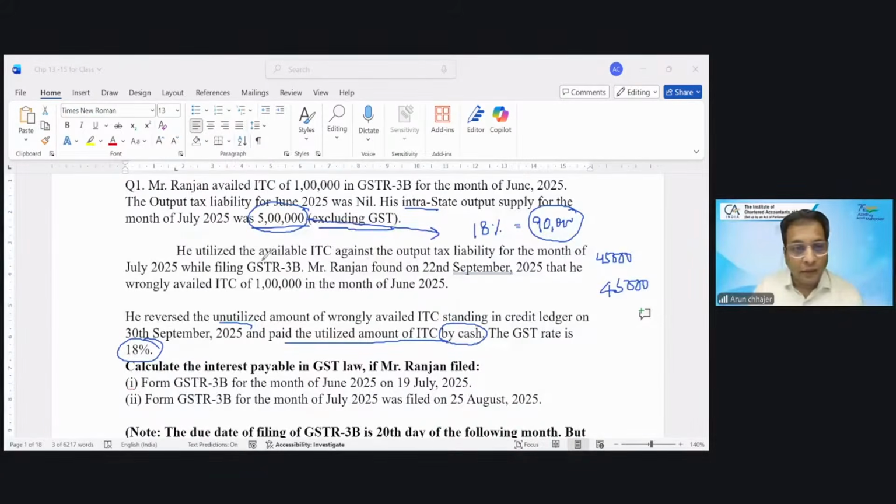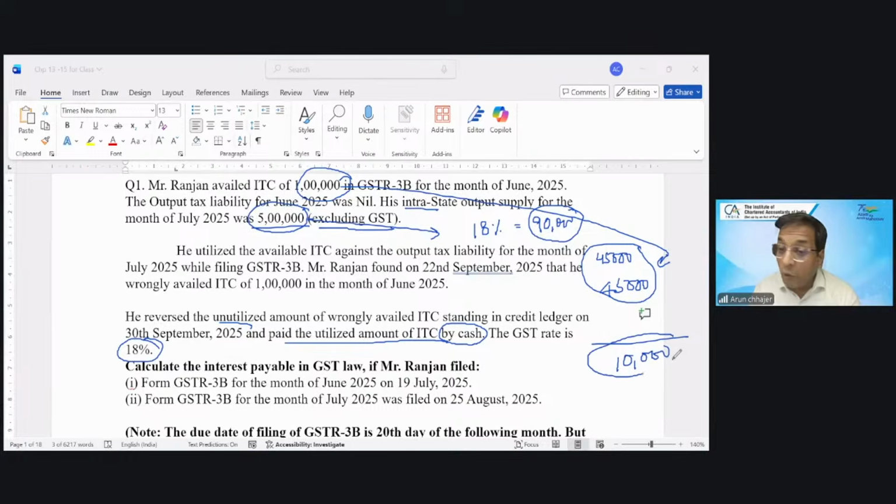Now he is saying that this liability was discharged by utilizing the ITC. So this 1 lakh ITC was used for discharging the 90,000 liability. What is the remaining amount? Remaining amount is 10,000. This amount was lying in the credit ledger.